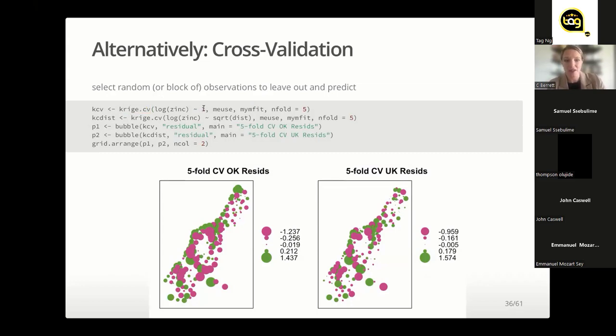And again, I've gone back to the mean here. OK represents that ordinary Kriging, and then UK represents the universal Kriging, where we've accounted for the covariate. One of the things we can see in the residuals for the ordinary Kriging is there's definitely some spatial dependence here that we're not really capturing.